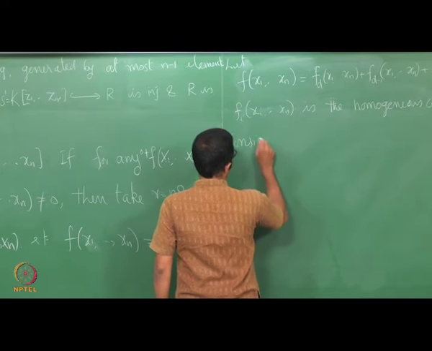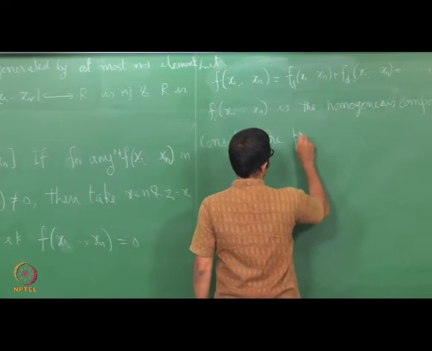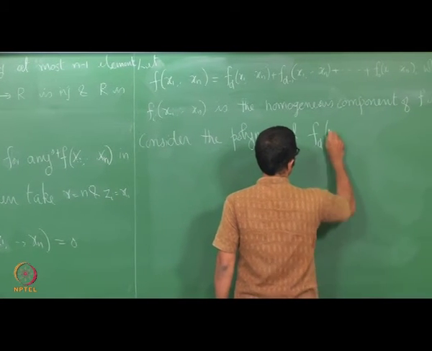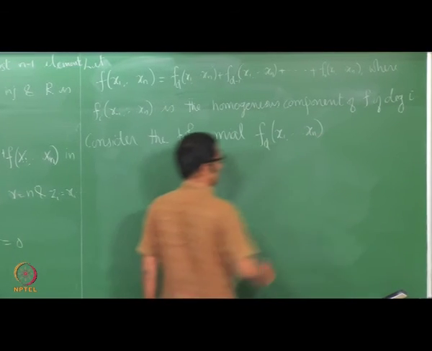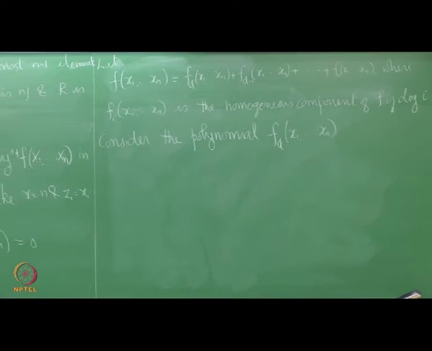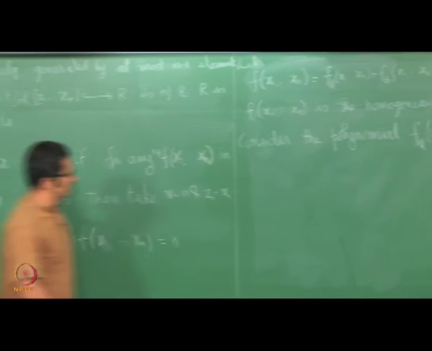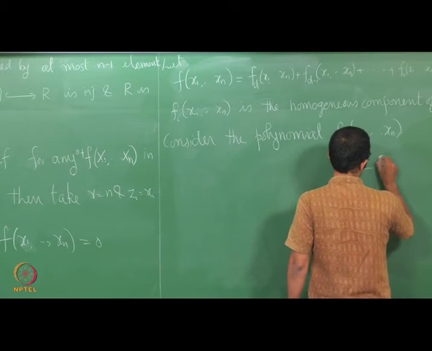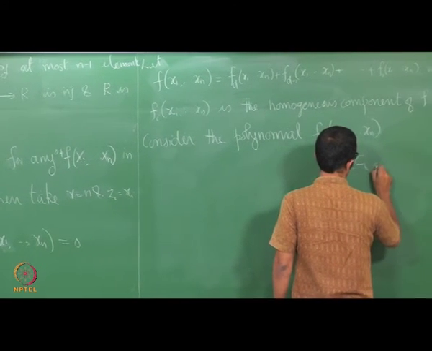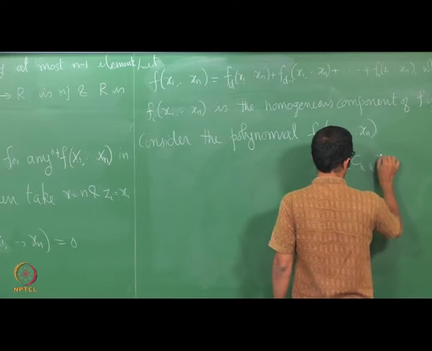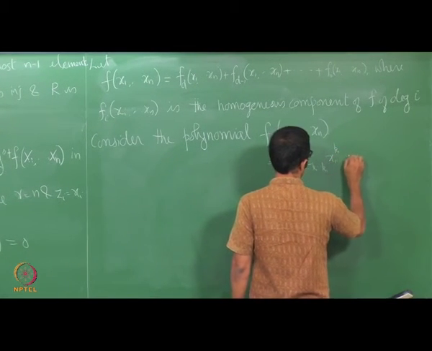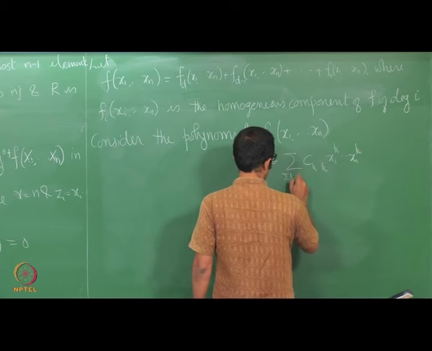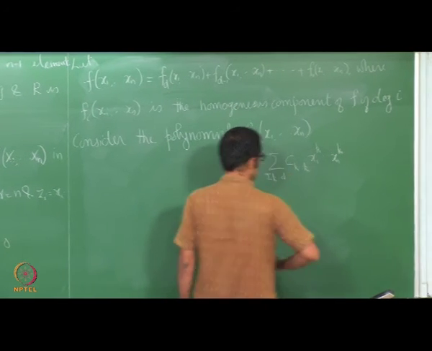So, consider the polynomial. Let us write this as the summation of C_{k1 up to kn} x1 power k1 up to xn power kn, where the summation of k_i is equal to d.